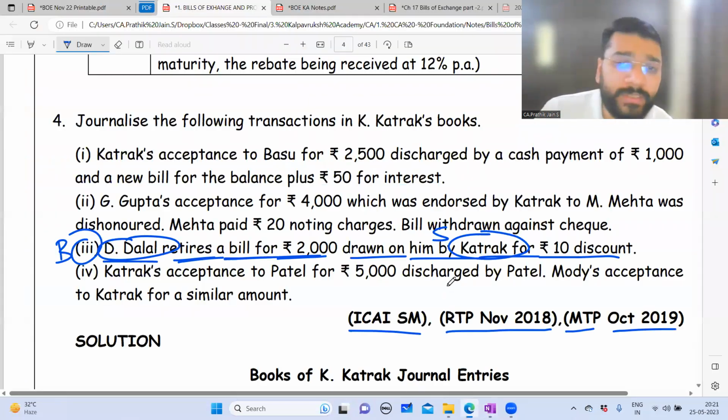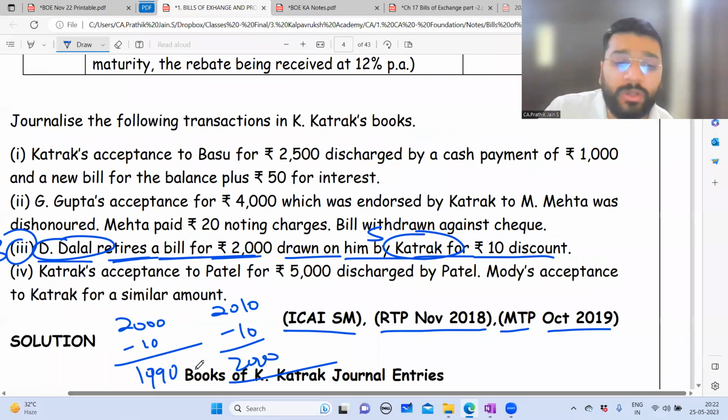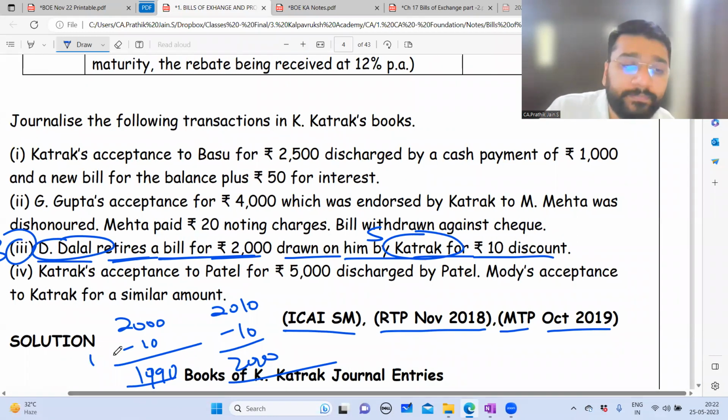So, my question to all of you is that, is it from 2000 rupees, 10 rupees discounted and balance 1990 is paid? Or is the bill value 2010 rupees, with 10 rupees discount given and balance 2000 is paid? Which is correct? First option or second option? The first option, sir.